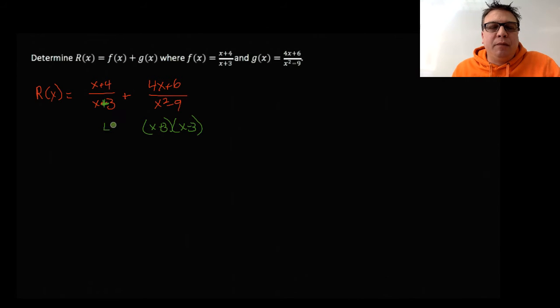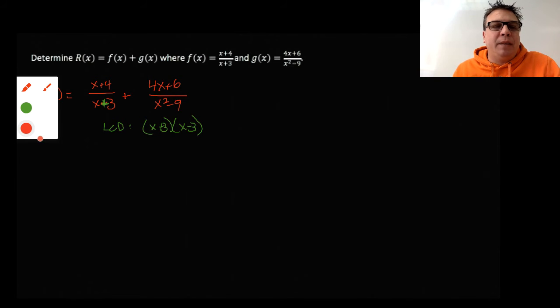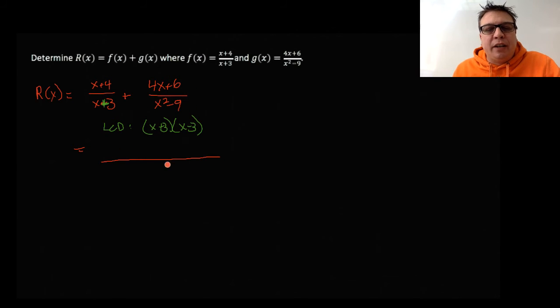So that means this becomes my least common denominator. If that's my least common denominator, then the nice thing is I'm already halfway there because this is all set. So I'm going to have my denominator as x plus 3 and x minus 3. That means here I need to introduce the x minus 3.